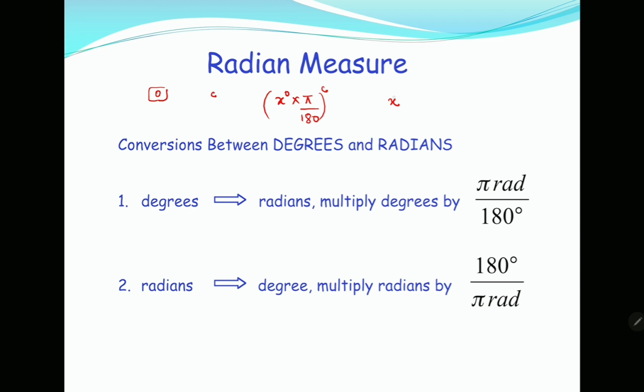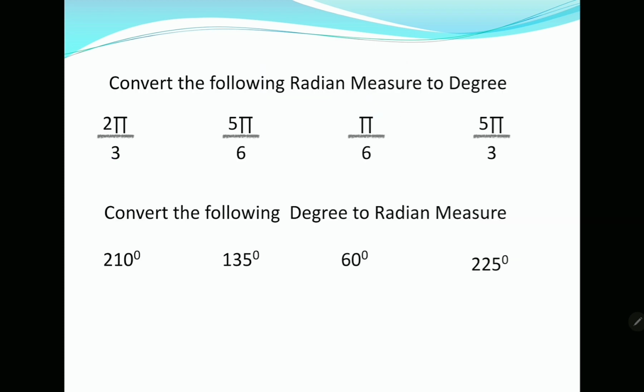And if I have to convert x radians into degrees, I will simply multiply it by 180 degree and divide it by pi. So this is degrees. Let us understand this with an example. If I have to convert 2 pi by 3 into degrees, I will simply multiply it by 180 and divide it by pi. Pi cancels. So basically it is 3 6 18, 60, 120. So 2 pi by 3 is 120 degree.